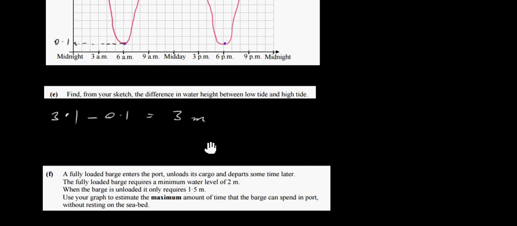Okay, so the next one then asks us to look at a fully loaded barge entering the port. It unloads its cargo and departs sometime later. The fully loaded barge requires a minimum level of 2 meters. Okay, so we need minimum 2 meters water level. When the barge is unloaded, it only requires 1.5 meters.